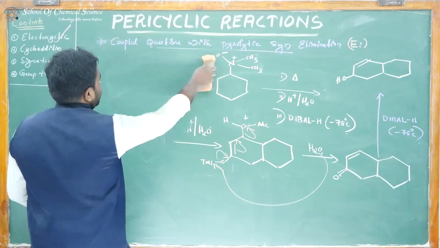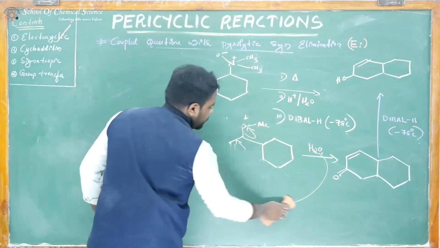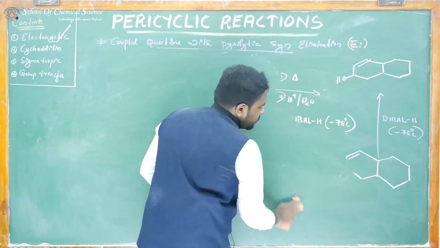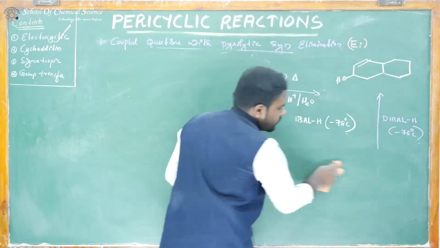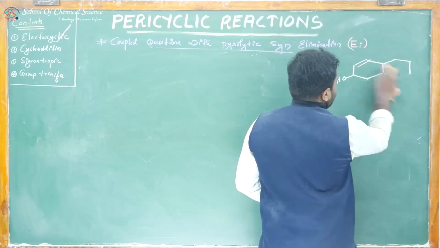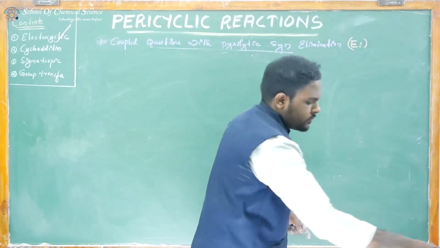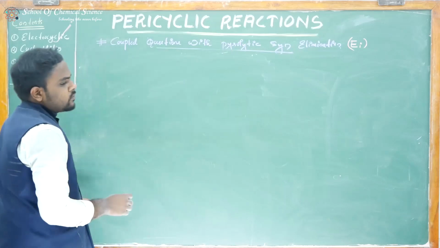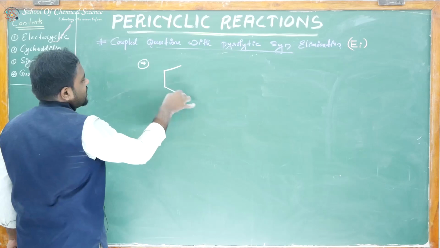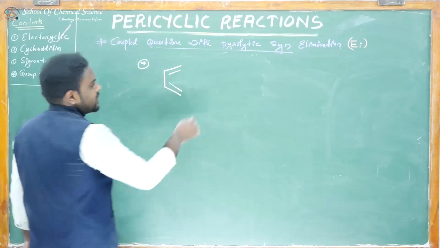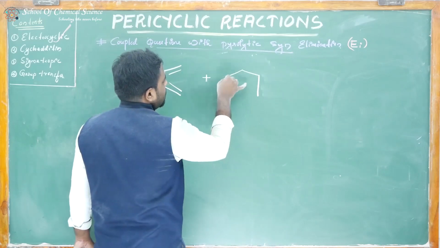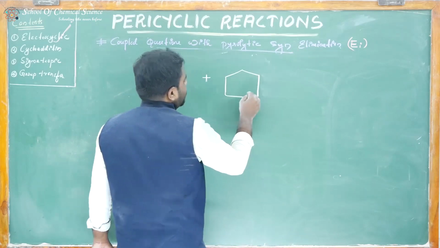Question number 7. A diene is given plus dienophile.